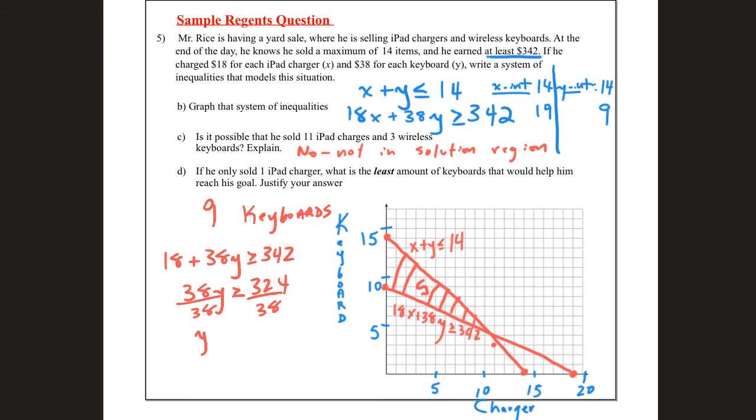We get 40 and a half. Oop, messed something up there. Hold on. 8.5. I was going to say 40 and a half. 8.5-ish. So we were pretty close when we were just estimating that. So this is one of those cases where we have to round up to the nearest whole number to say 9 keyboards. Could have just looked graphically, but this is algebraically showing it as well.